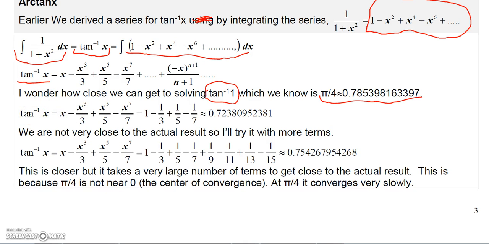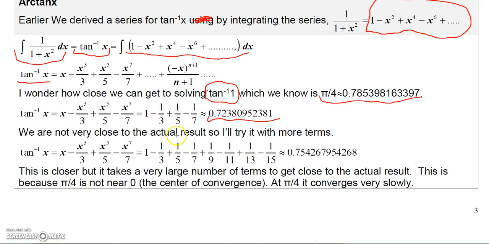Okay, now if we use the first four terms from up here, 1 minus a third plus a fifth minus a seventh, that gives me a value but it's not very accurate, because 0.785 and 0.724, what that would round to at 3 decimals, is fairly off by a distance.